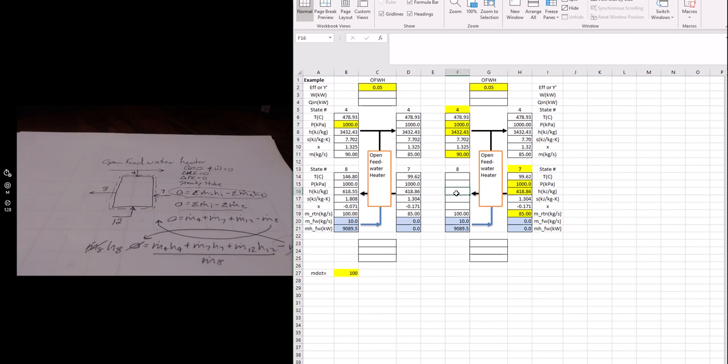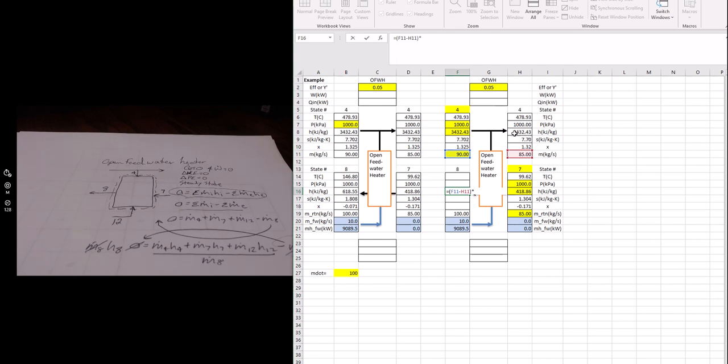So H8 equals m dot 4. So what's coming in here again is this minus this times the enthalpy of this. I can get it from here or here.